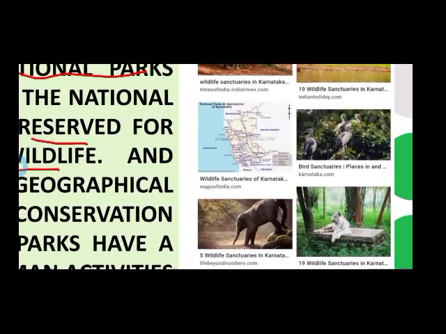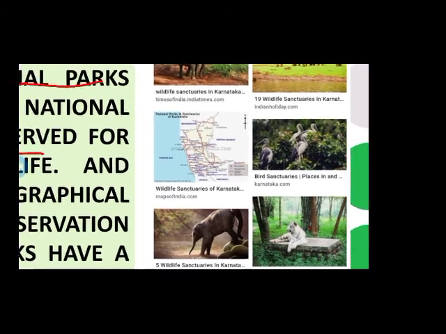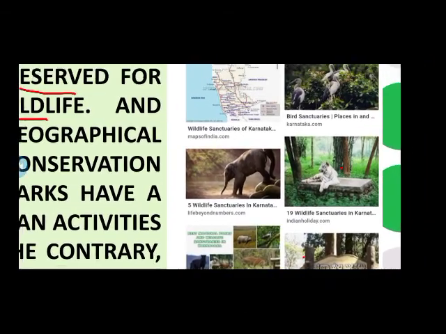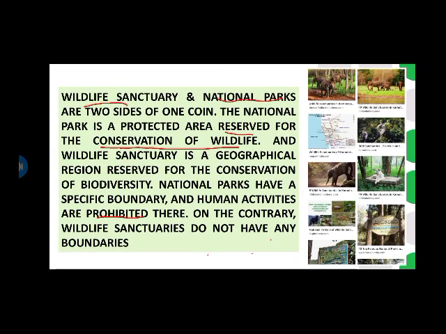Very nice. Bandipur, Bannerghatta, all these wildlife sanctuaries and national parks are there. You must go and enjoy this area. You can see how they protect and how the animals live peacefully and happily there.